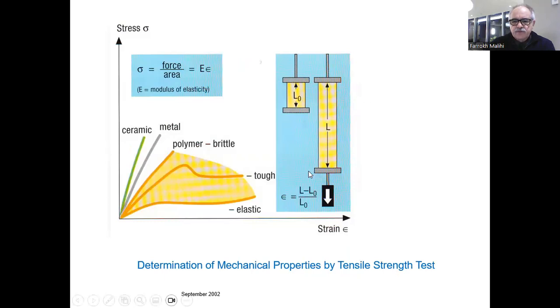Sample is stretched between two grips here, and the tensile strength is monitored, stress versus strain, and elongation is monitored here. And finally, it is possible to determine at what point this sample breaks and falls apart. So it's a measure of brittleness, elasticity, and toughness of that particular polymer.